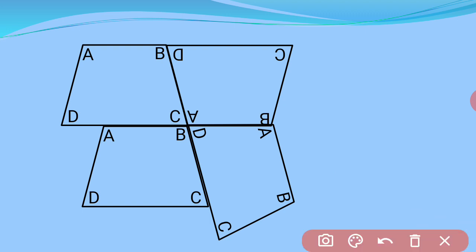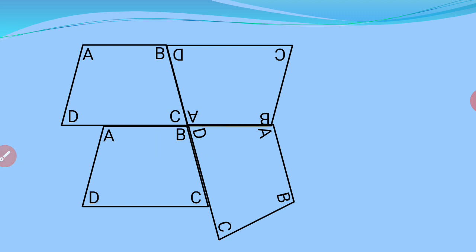Now if we check at the center, we have all the angles A, B, C, D together, and it is forming a circle, and the measure of the circle is 360 degrees. So, we conclude that the sum of the measures of all the angles of a quadrilateral is 360 degrees. I want to repeat the statement.